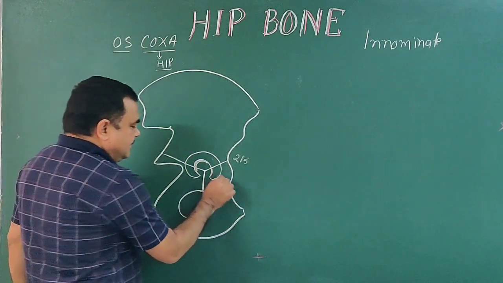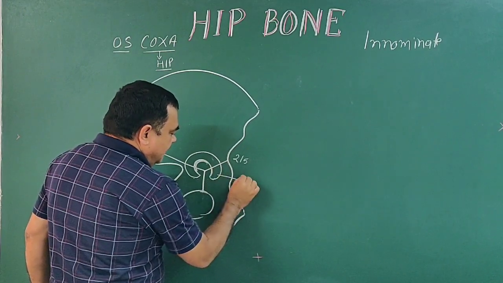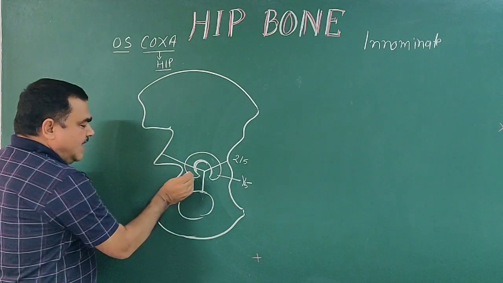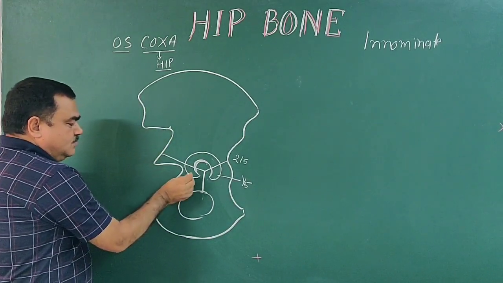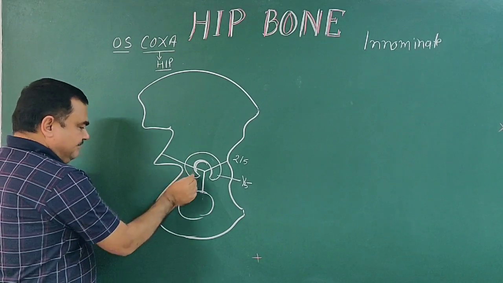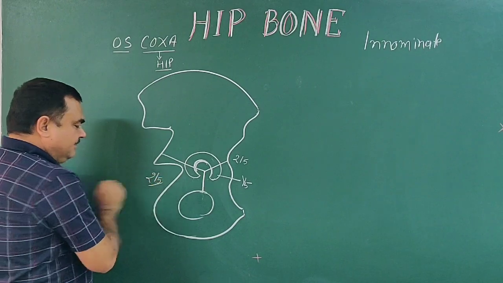And here is the pubis. This forms about 1/5 part of the acetabulum. And posteriorly and inferiorly, this is the ischium. So it forms 2/5 part of the acetabulum.